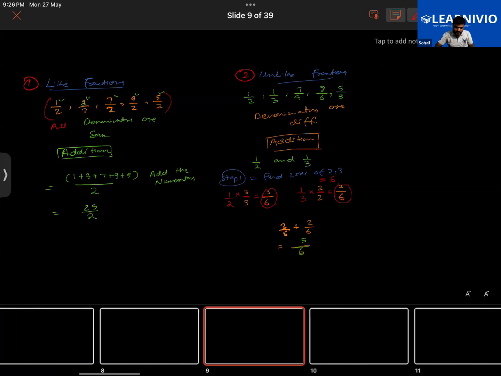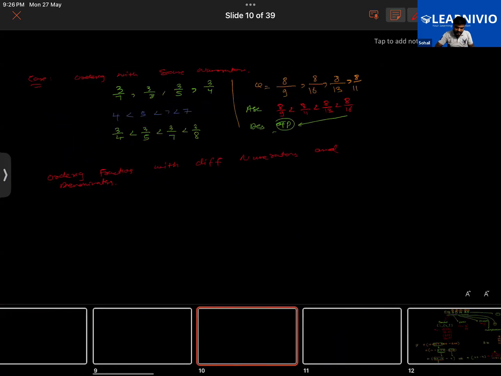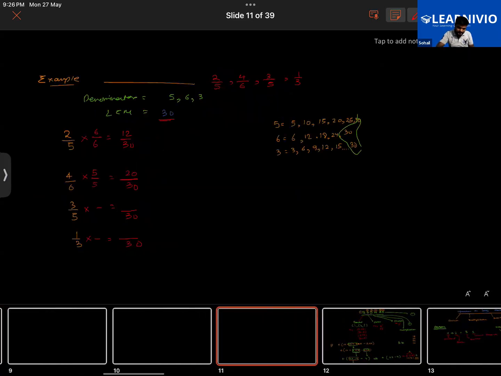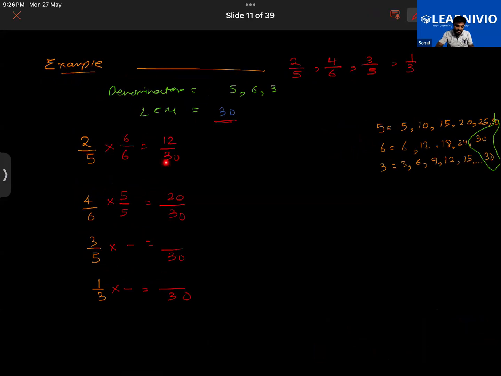If you keep this in mind, it will become very easy for you. Then you will not get confused on this. Because once the denominators are equal, then you will compare the numerators. So it will become easy. That's what we are doing over here.